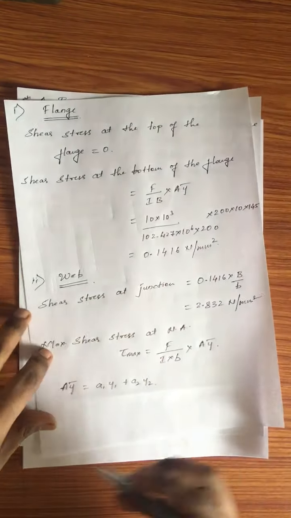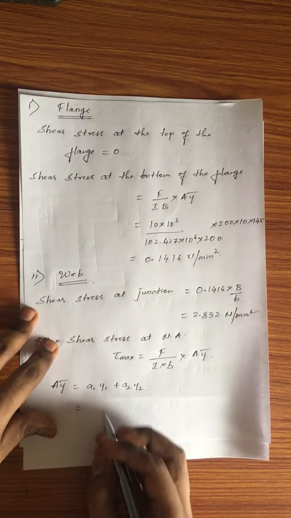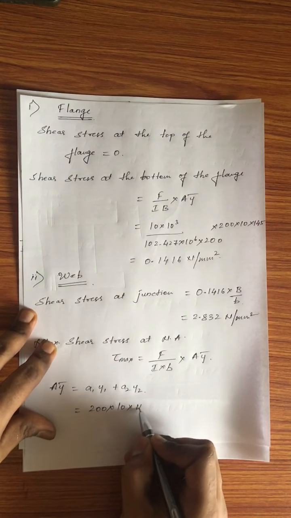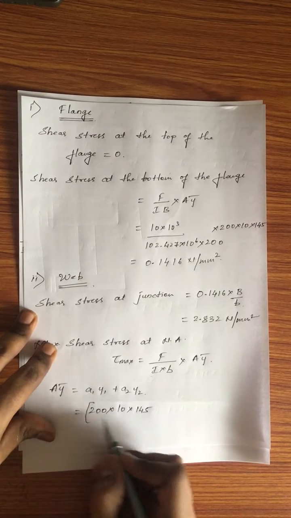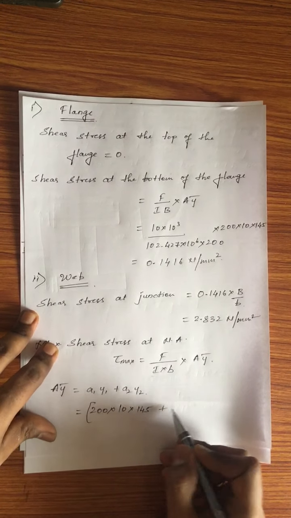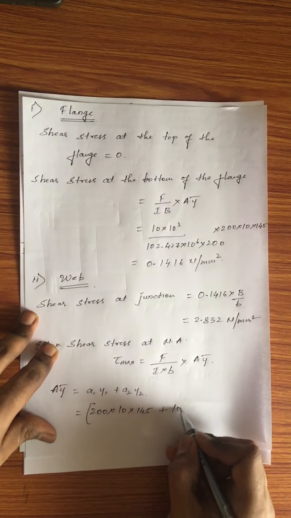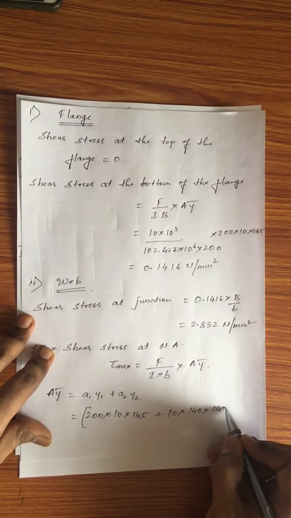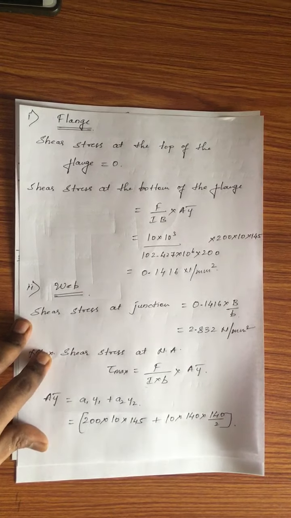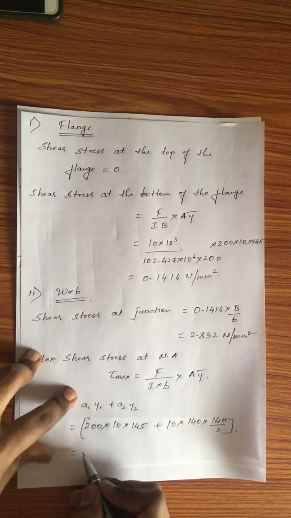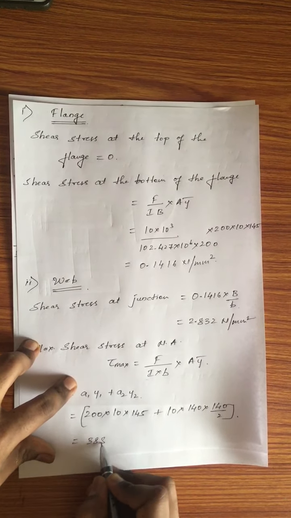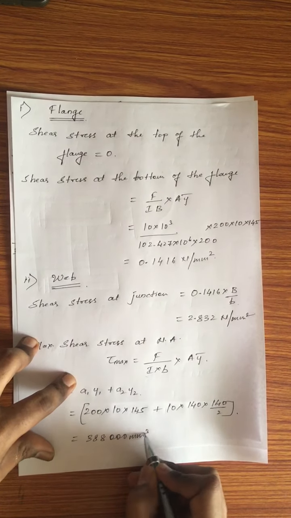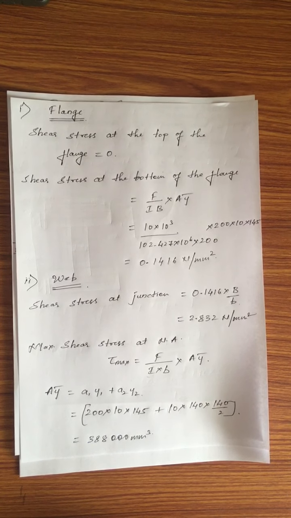So this will be equal to 200 into 10 into 145, this is a1 y1, plus a2 y2 is 10 into 140 into 140 divided by 2. This is a2 y2. So this whole term becomes 388,000 mm cube. So this is A y bar.